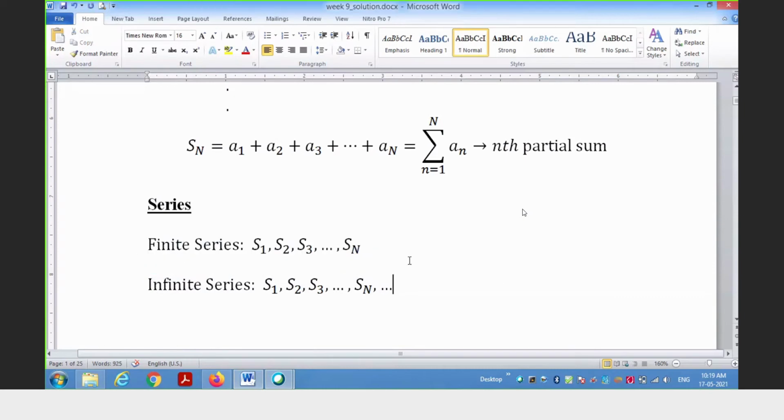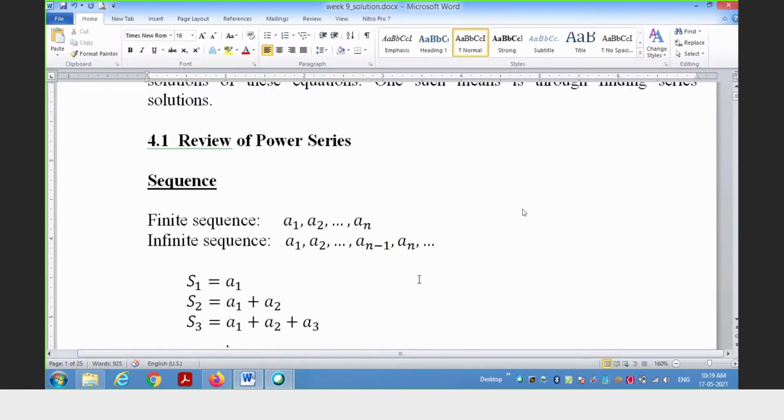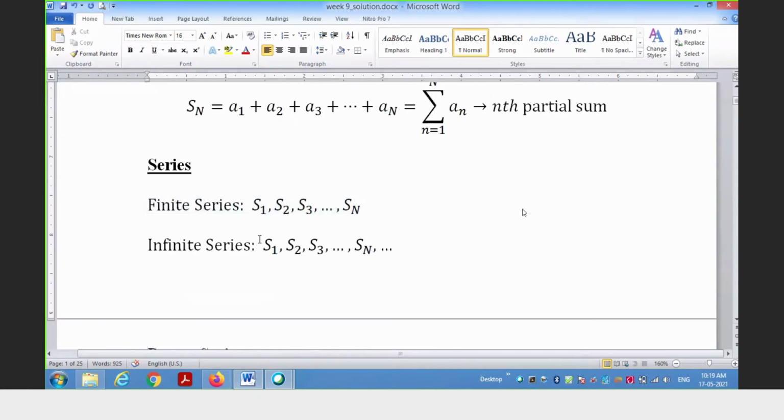Similarly, from an infinite sequence, you can construct an infinite series: S1, S2, S3, Sn, and so on. So remember, a series is the sequence of n-th partial sums.